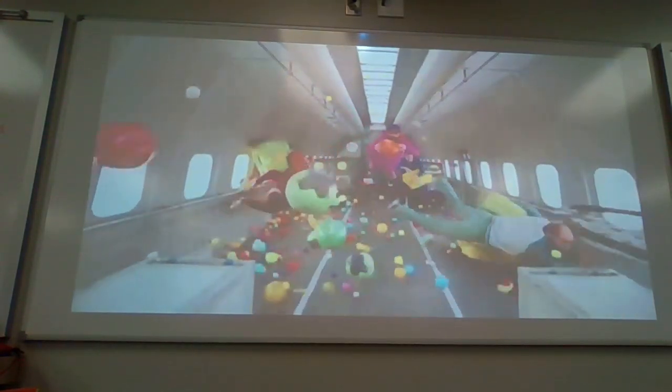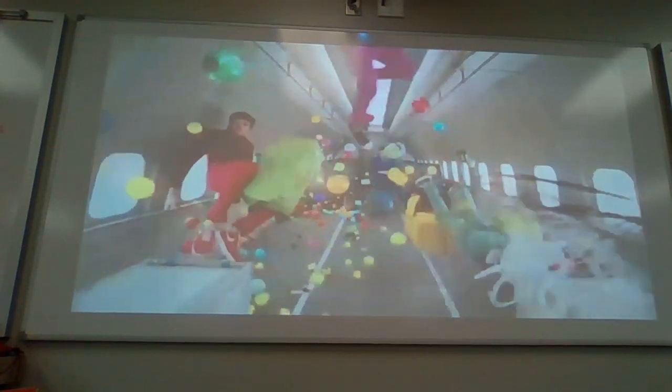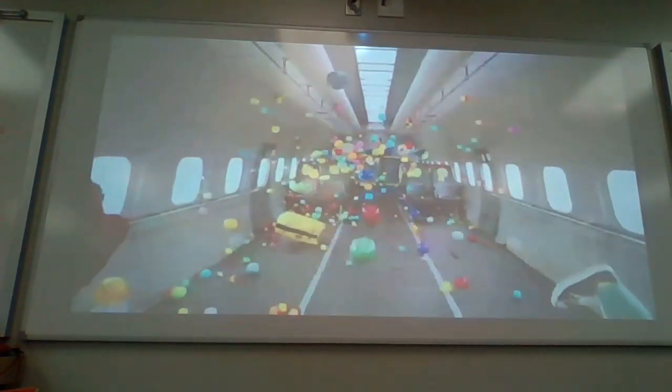Okay, so notice sometimes the balls go down on the ground, sometimes they're floating.